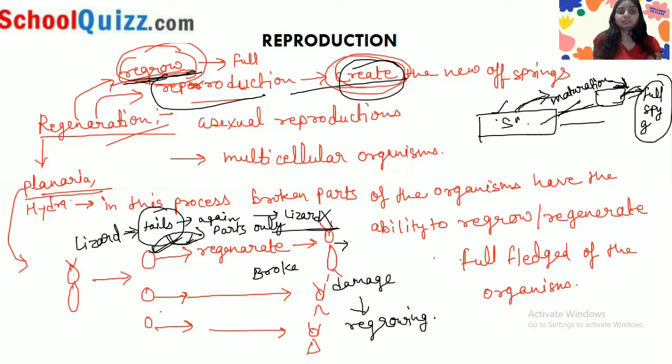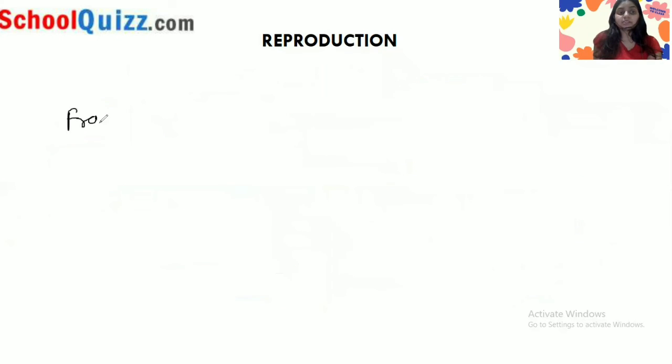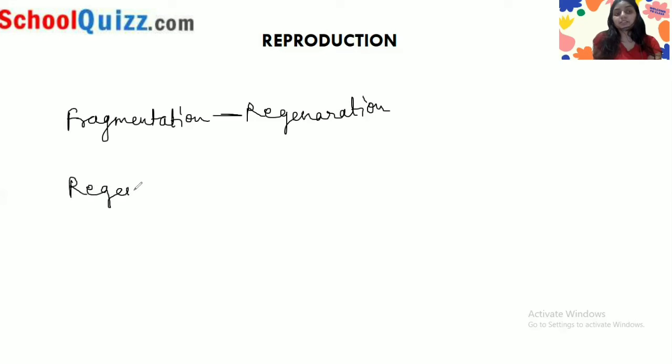What is the difference between fragmentation and regeneration, and what is the difference between regeneration and reproduction? We are counting regeneration within reproduction, but if the examiner asks, you can differentiate it in the way I have told you.